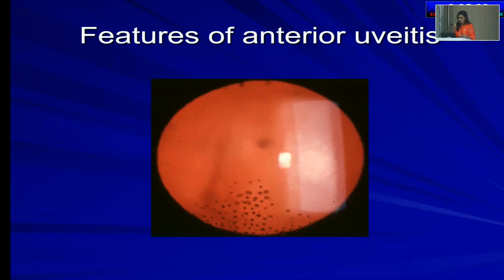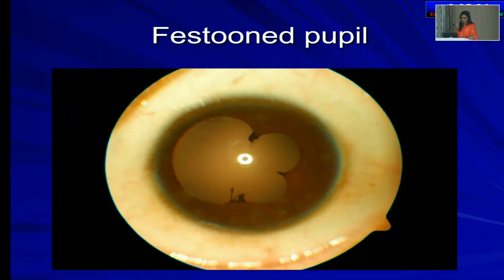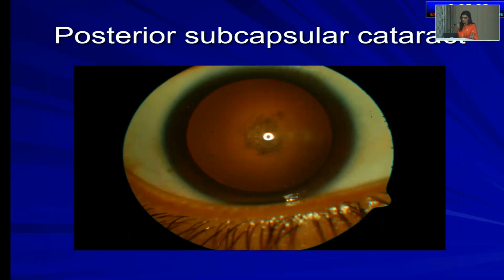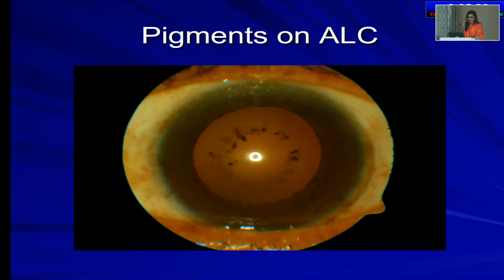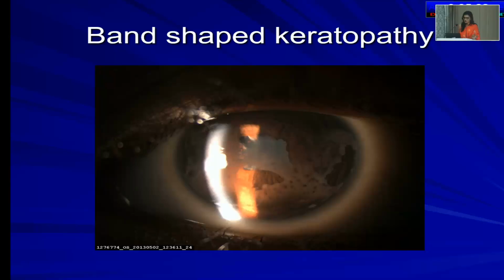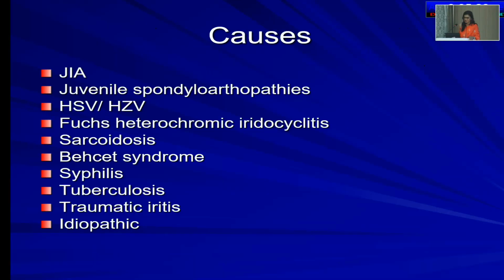Features of anterior uveitis: the keratic precipitates, the mutton fat KPs in granulomatous, festooned pupil, posterior subcapsular cataract, pigments on the anterior lens capsule, band-shaped keratopathy are all the same just like in adults, though the band-shaped keratopathy is much commoner because of the chronicity of juvenile pediatric uveitis.